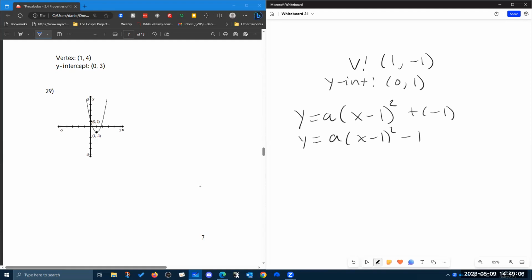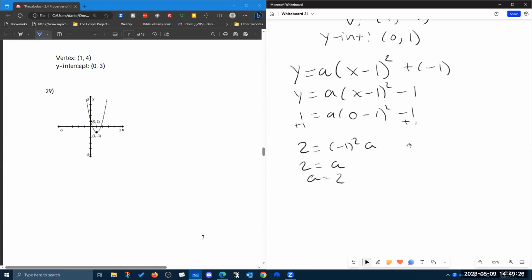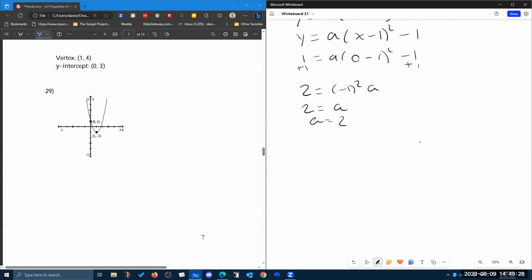Our y-intercept is at (0, 1). I'm going to add 1 to both sides. So a is 2. A is 2.